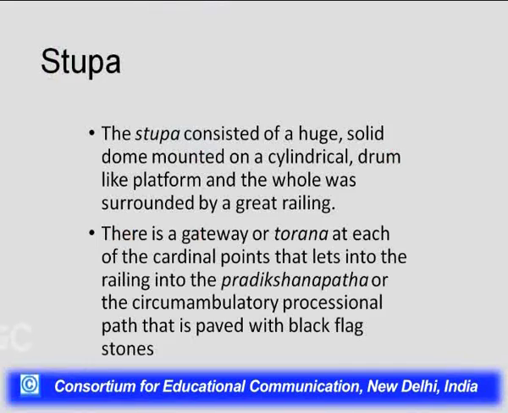There are gateways or toranas at each of the cardinal points that let the devotee enter through the railing into the Pradakshina path or the circumambulatory processional path that is paved with black flagstones.